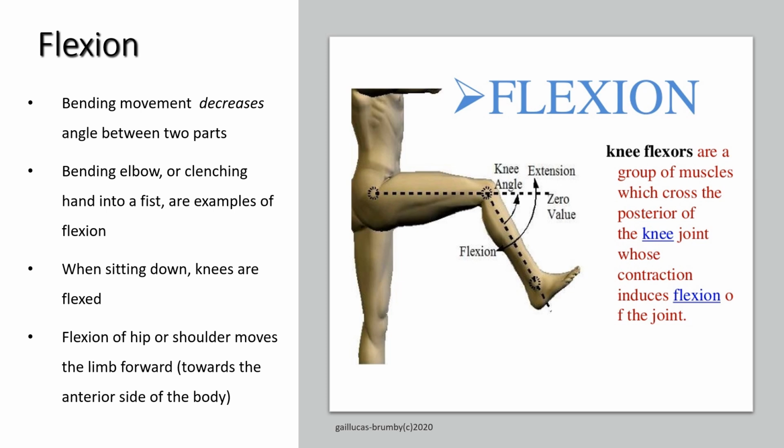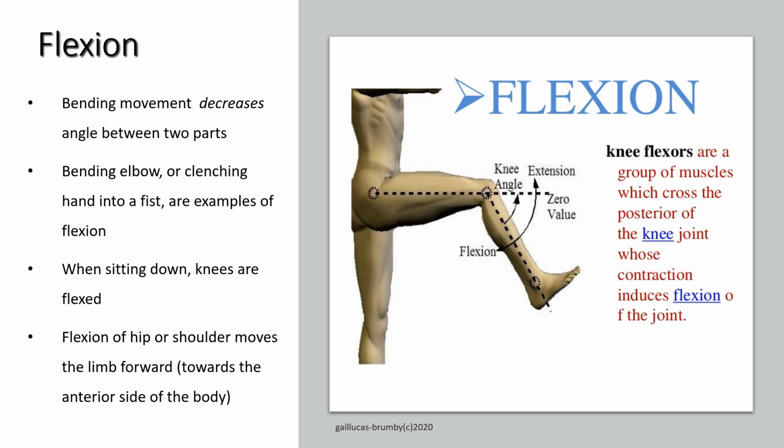So these knee flexors are a group of muscles which cross the posterior part of the knee joint, and when they contract, they induce a flexion. So the knee flexors in this case are going to be the hamstrings.